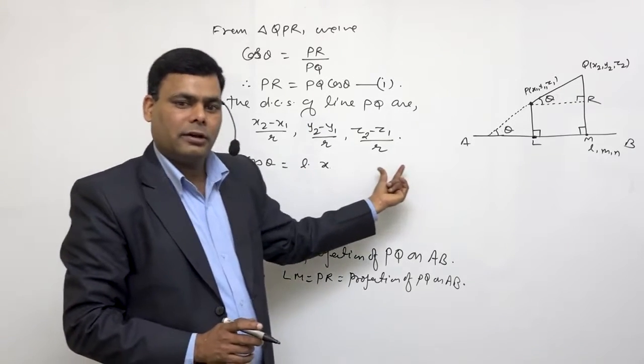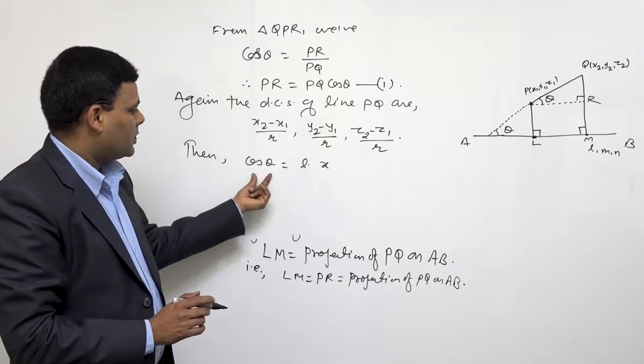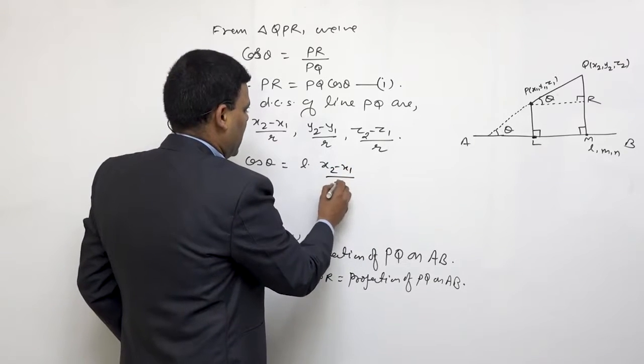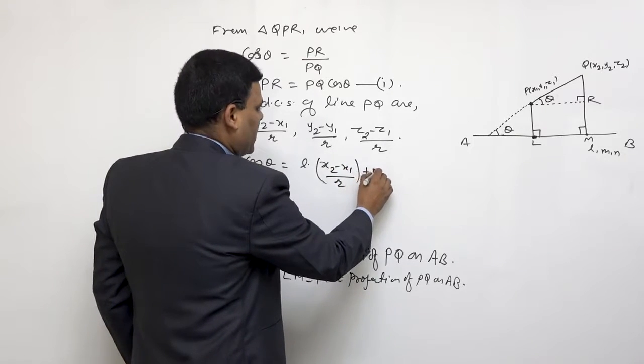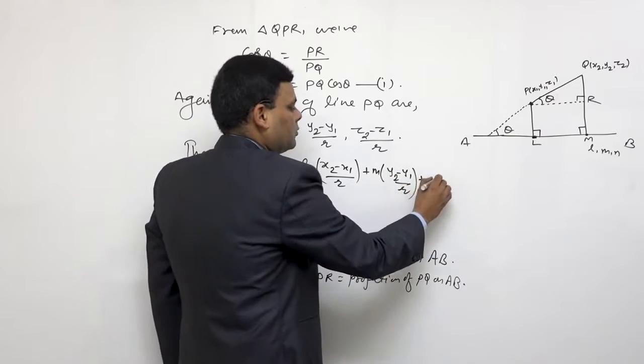In this way we have cos theta equals l into (x2 minus x1) by r plus m into (y2 minus y1) by r plus n into (z2 minus z1) by r.